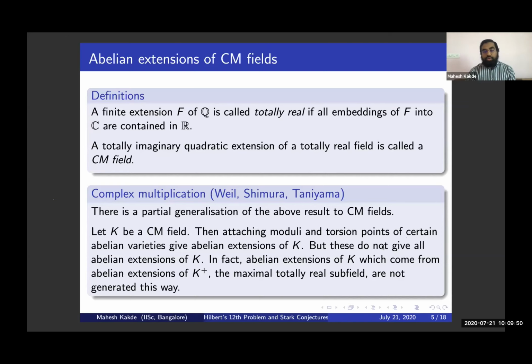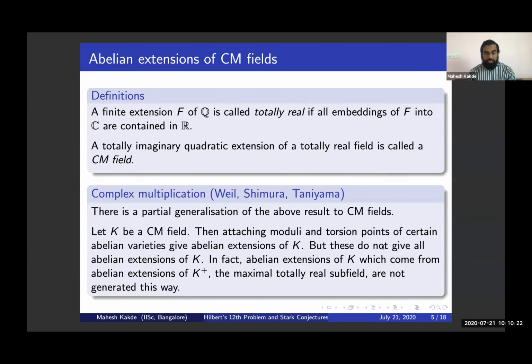And then you adjoin what is called a moduli, so that kind of replaces j of E, and then you adjoin all the torsion points of these abelian varieties in some way, and you get abelian extensions of K. Unfortunately, unlike the case of an imaginary quadratic field, in general you don't get all the abelian extensions of K. In fact, you can show precisely the extensions which you cannot get.